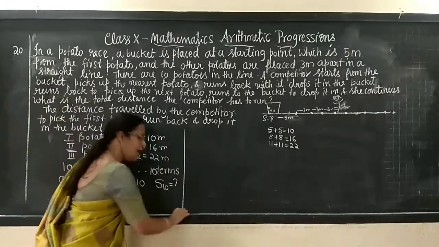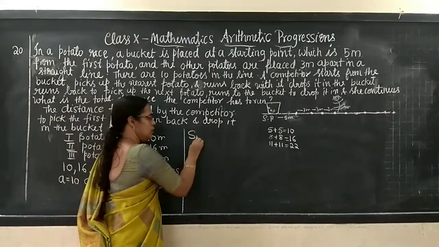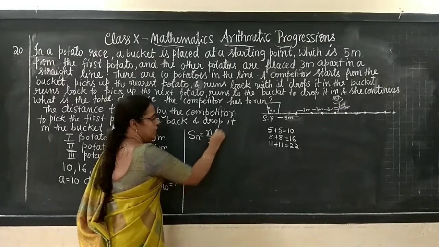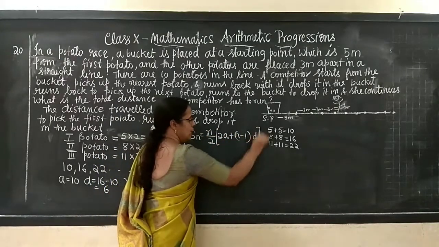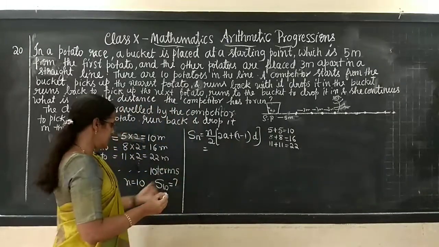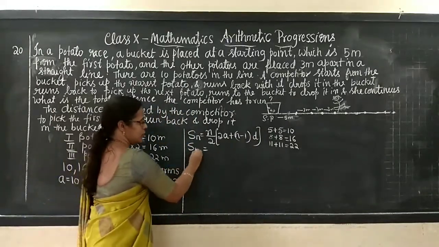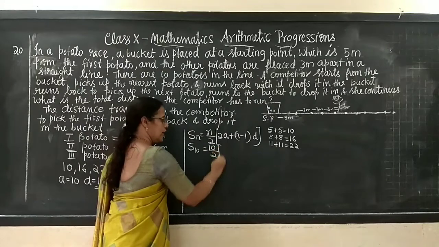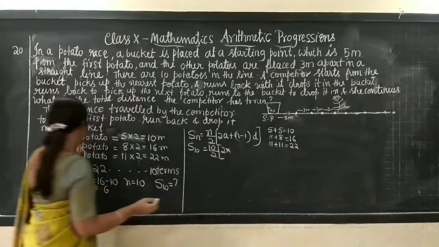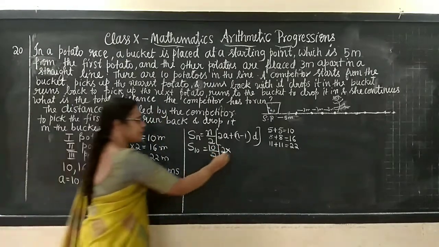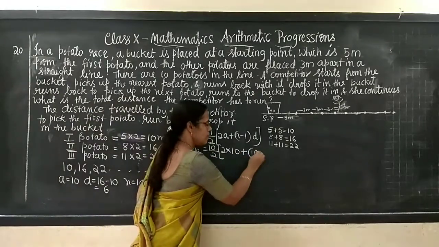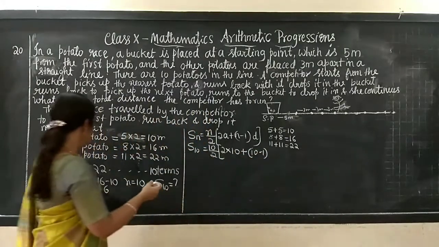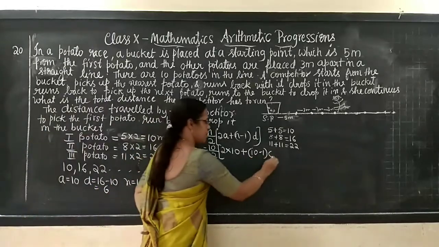So then what is the formula? Sn. Sn is equal to n by 2 into 2a plus n minus 1 into d. So Sn means S10. S10 is equal to 10 by 2 into 2 into a. A is how much? 10. Okay, plus n 10 minus 1 into d is 6.